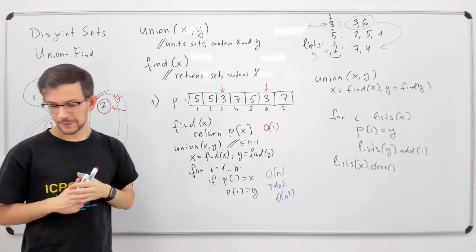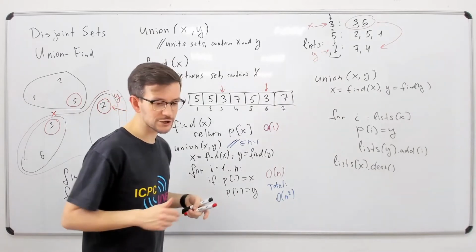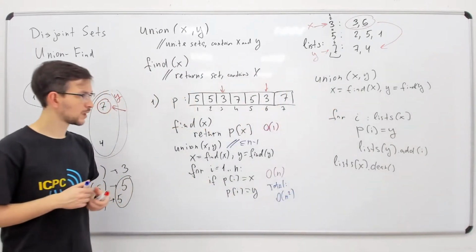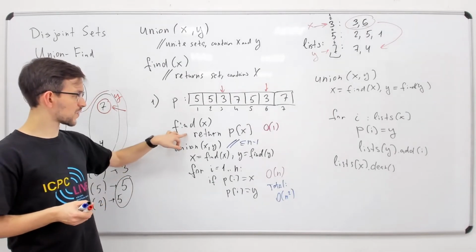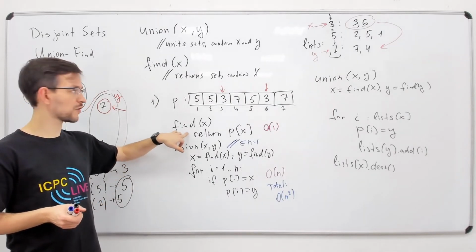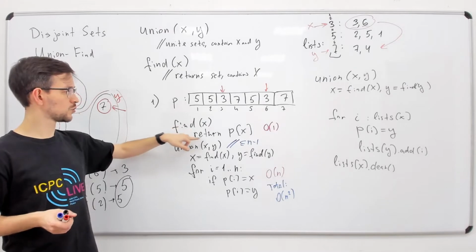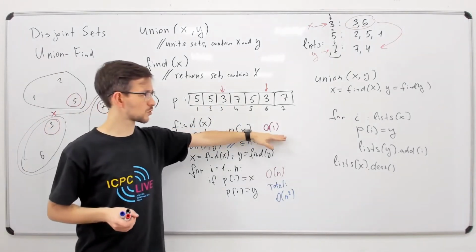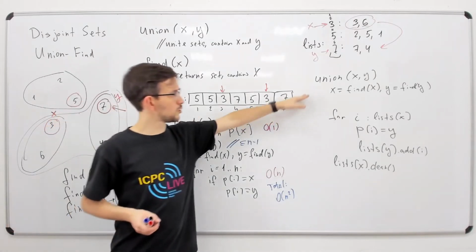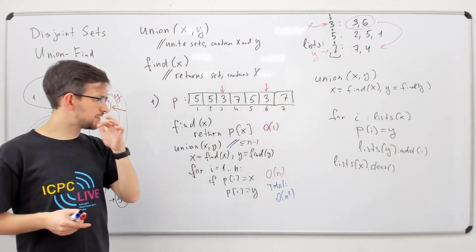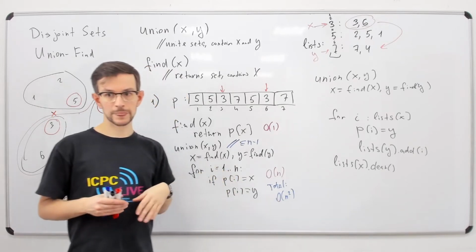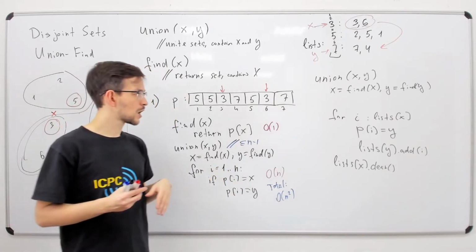Now, did we change something in the time complexity? Let's think. The find still works the same. So the find function is still the same. We just return the value from array P, so it still works in constant time. What about the union? Did we actually change the total time for this operation?